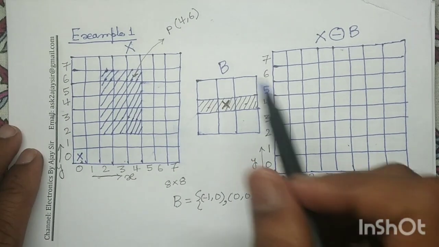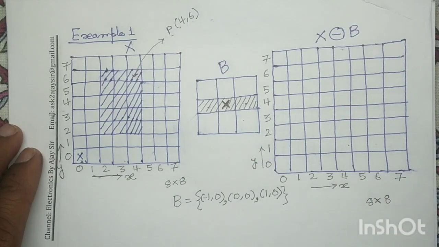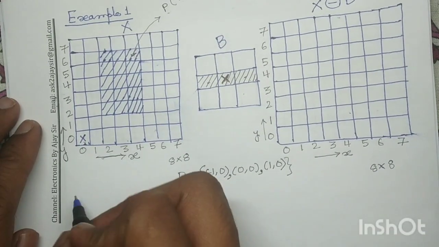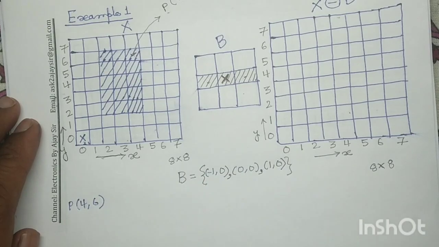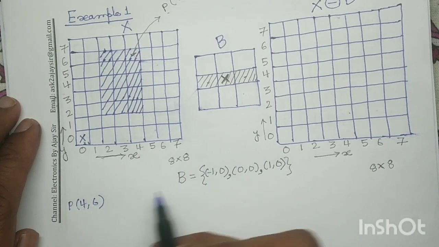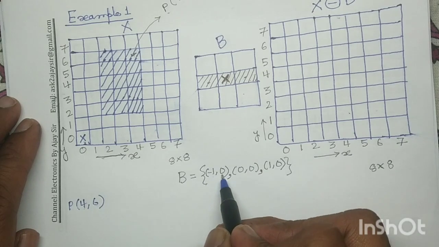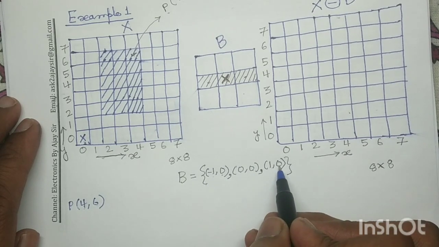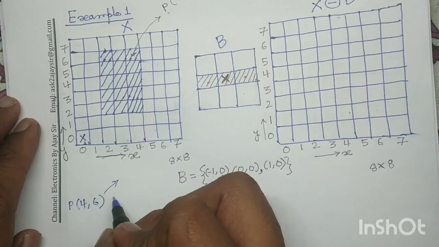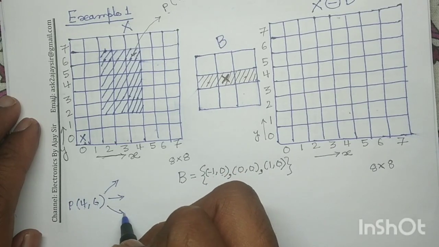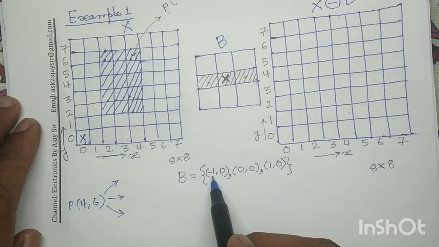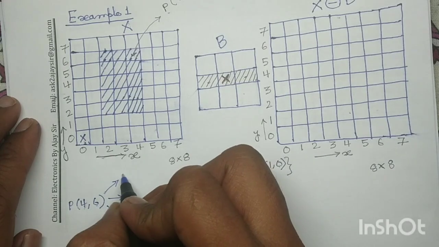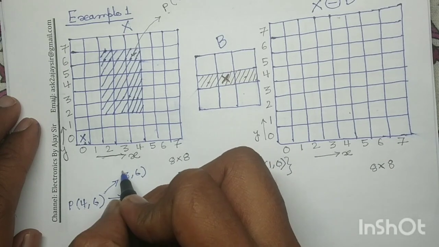So first we will check this pixel P having the coordinate 4, 6, and we have to do the vector addition of 4, 6 with these 3 pixels: minus 1, 0, then 0, 0, and 1, 0. So 4, 6 with minus 1, 0 gives 3, 6.